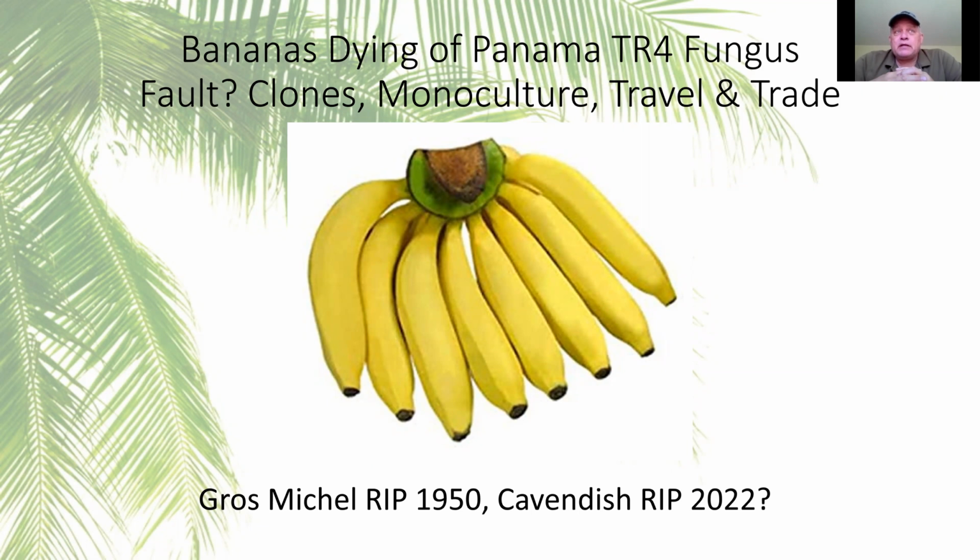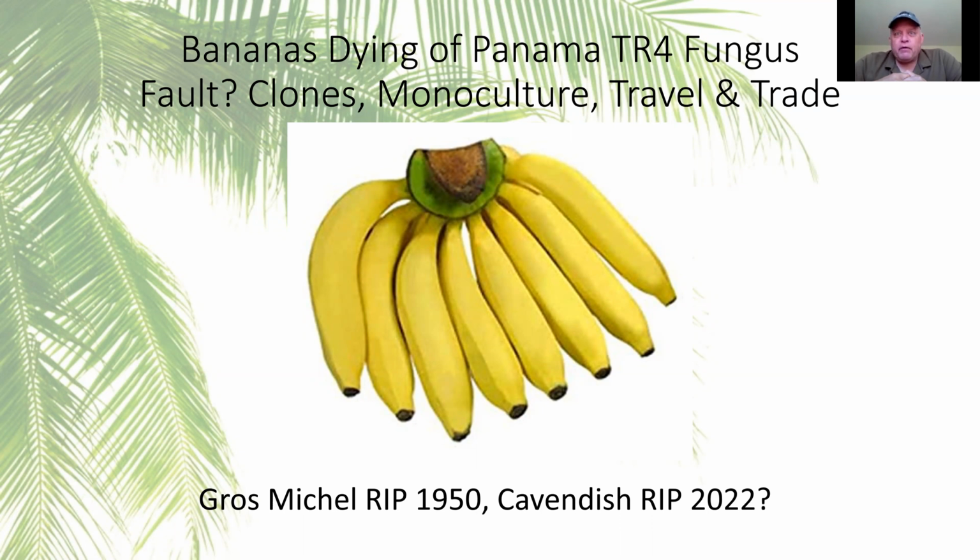The banana that you used to get in the store before 1950 was a variety called Gros Michel, which means Big Mike. And a virus swept through the entire world. A banana pandemic was what it was. It went through and wiped out all of the Gros Michel. You can't buy that banana anymore, anywhere. It doesn't exist. I don't know if it's been saved by scientists in some lab somewhere, if it could ever be brought back.